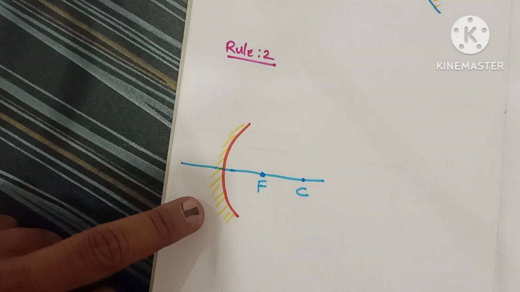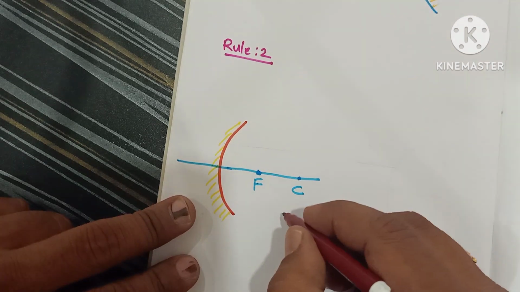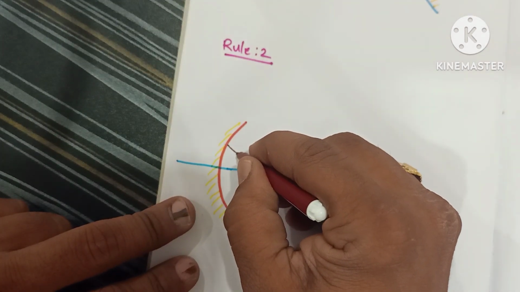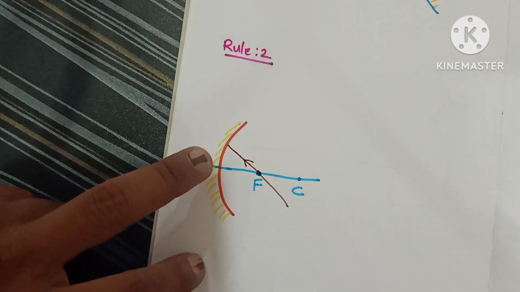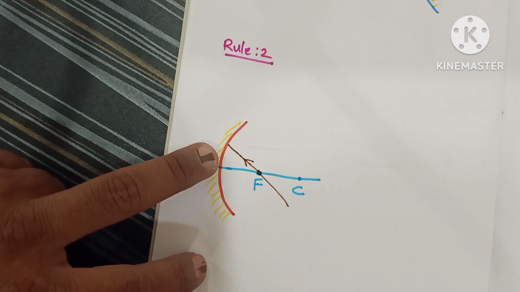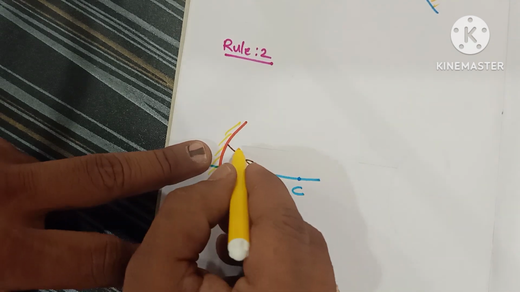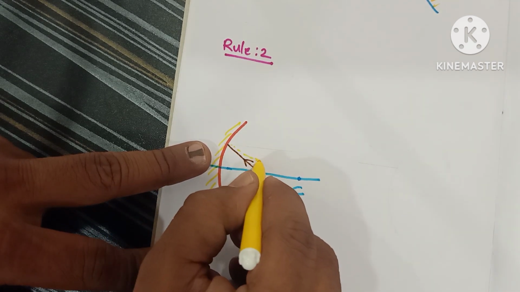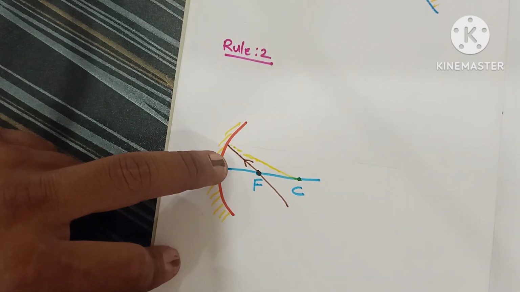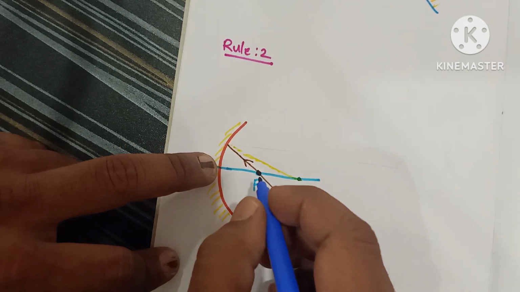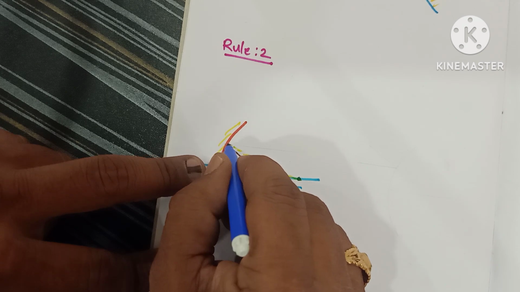Now here, converse to that, consider a ray coming or passing through the focus and incident on the mirror. Okay, now if we draw a normal which passes through the center of curvature, on one side we have the incident ray, on the other side we will have a reflected ray.